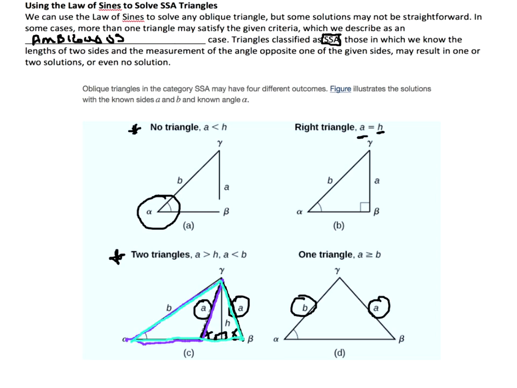Oh, isosceles triangle. That's what you were asking, Ken, right? An isosceles triangle is just any triangle that has only two sides that are equal. If all three sides are equal, that's an equilateral triangle.